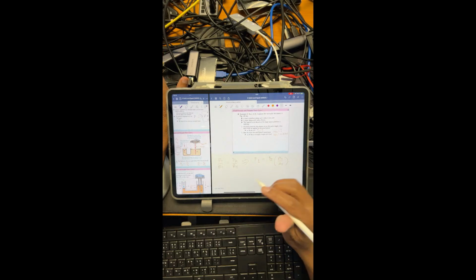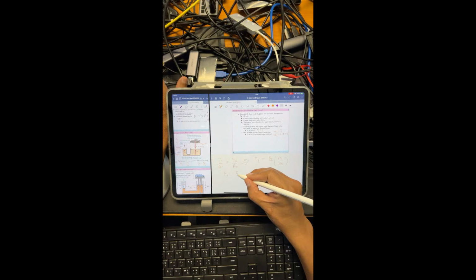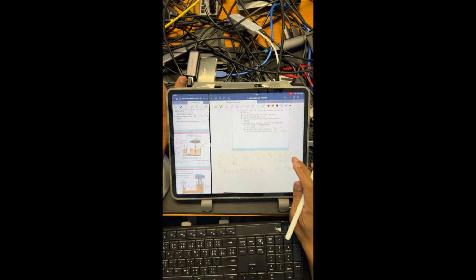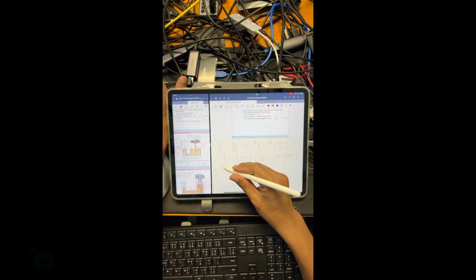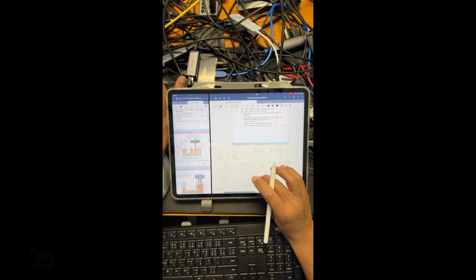We know that R1 is 5 centimeter and R2 is 20 centimeter. Let's substitute into that. F1 will be F2. What is F2?